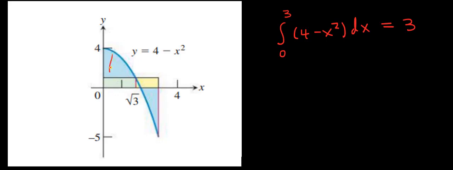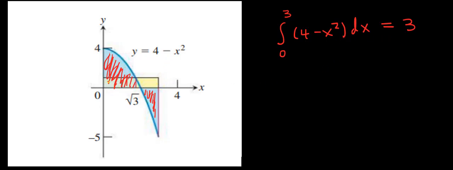So graphically, this is what happened. We had an integral from 0 to 3 of 4 minus x squared, and the integral came out to be 3. That means when you took the integral from 0 to 3, this part is considered positive and that part is considered negative, so it came out to be 3.